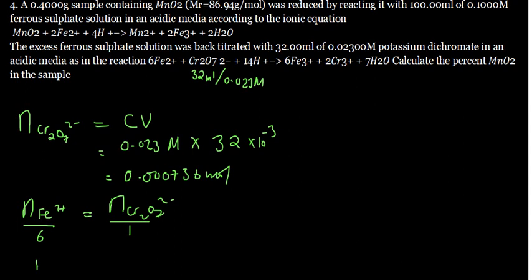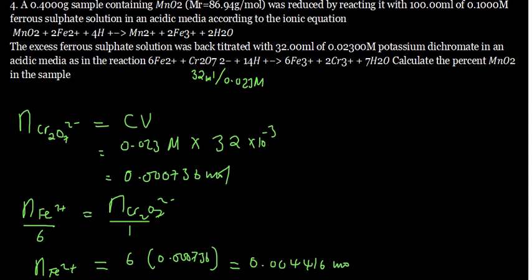That means the number of moles of the iron 2 plus is going to be 6 times 0.000736. So that will give us 0.004416 moles. Are we good so far? Okay. So these are the moles of iron which reacted in the second reaction.